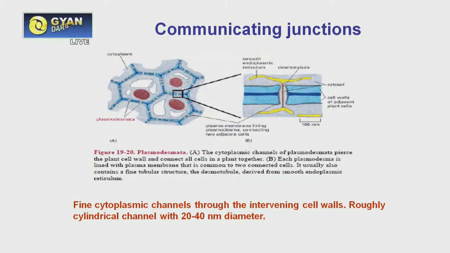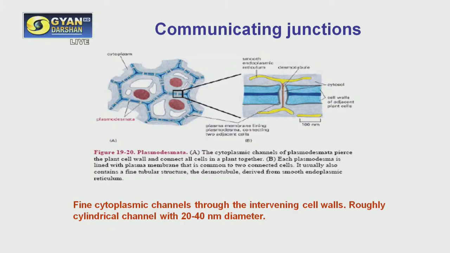Particularly if you look at the right hand side diagram, here you can see the cytoplasmic channels, they pierce the plant cell wall, because in plants not only do you have the plasma membrane, you also have the cell wall. Outside the plasma membrane you have the cell wall. So the channels pierce the plant cell wall and connect all the cells in a plant together.